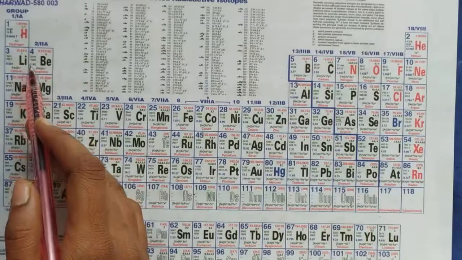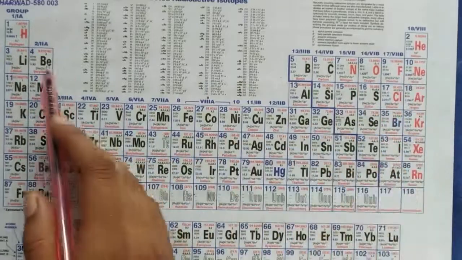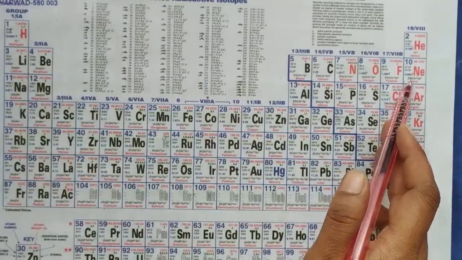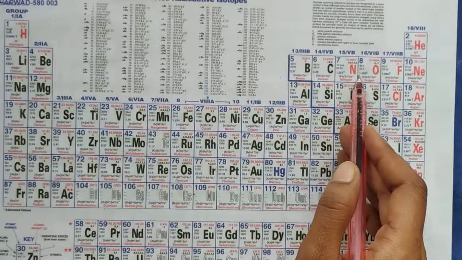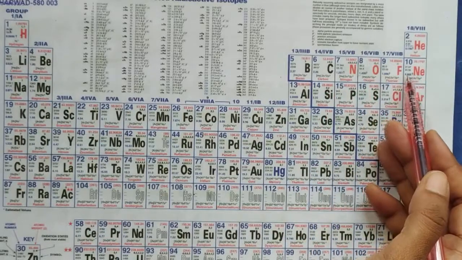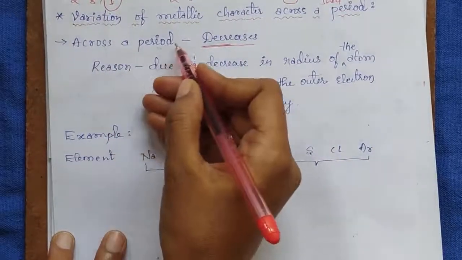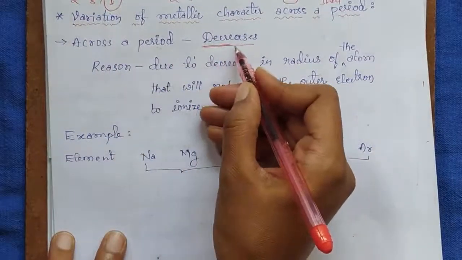As we move from lithium to neon, metallic character decreases, because at the end of this period non-metals are present. Across a period, metallic character decreases.